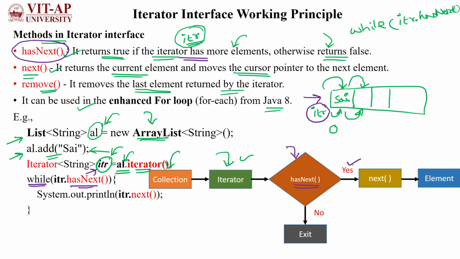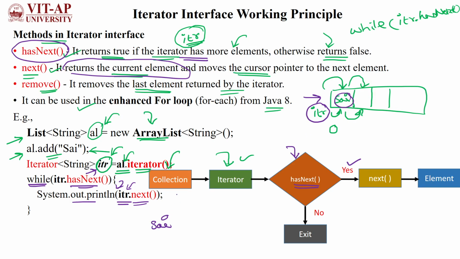Since they are available, it moves inside the while loop. Inside the while loop we have a single statement, System.out.println, which prints the current element returned by itr.next. So the current element is Sai, which is printed now.